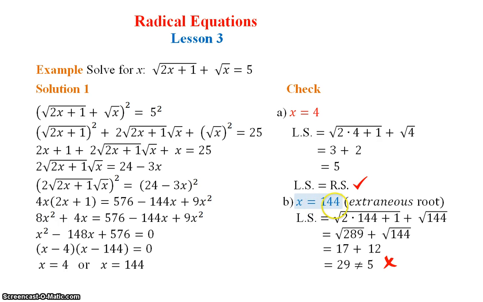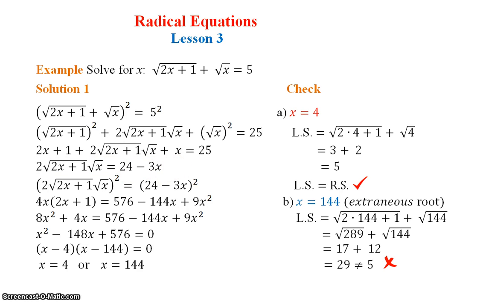Therefore, 144 is not the root of this equation, but it's the root of the squared equation. Why? Because the squared equation incorporated the roots of this equation and its conjugate. The conjugate to this equation would be 2 square root of 2x plus 1 times square root of x equals 3x minus 24, not 24 minus 3x.